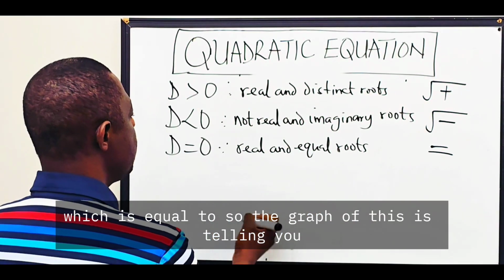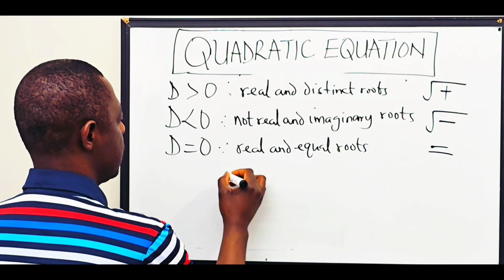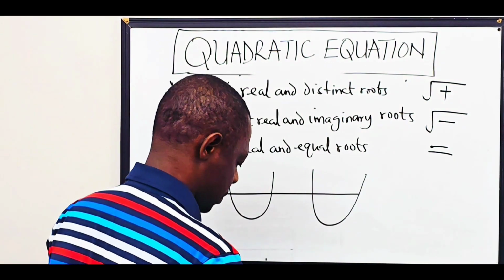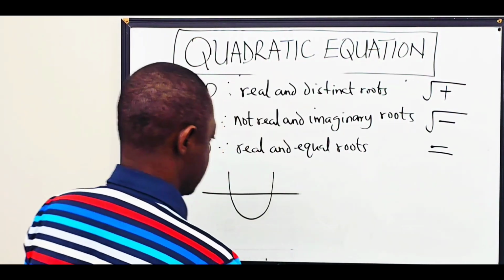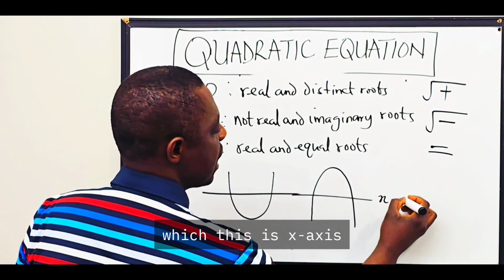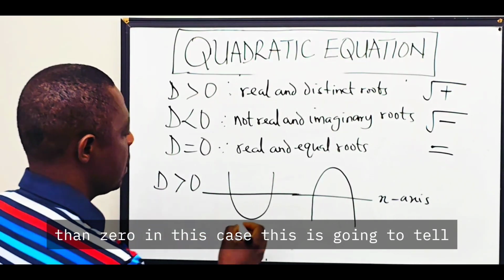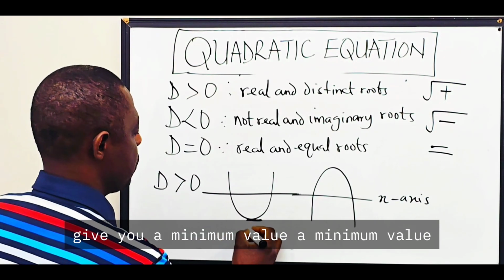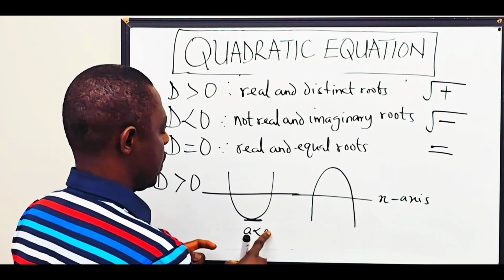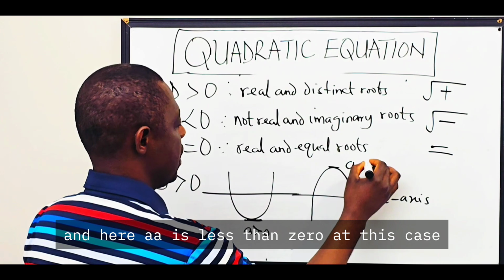So the graph to this is telling you that if you have something like this, in which this is the x-axis, and here we have the discriminant d greater than 0, in this case, this is going to give you a minimum value, where a is greater than 0, and here a is less than 0.